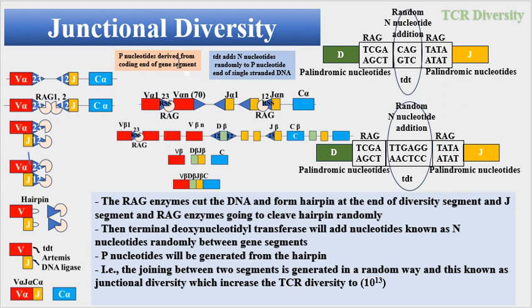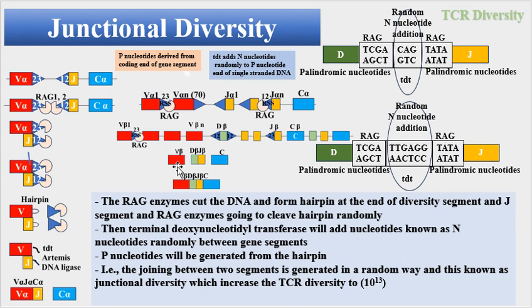So P nucleotides are derived from the coding end of gene segments, as I mentioned. And terminal deoxynucleotidyl transferase adds N nucleotides randomly to the end of a single stranded DNA before annealing.